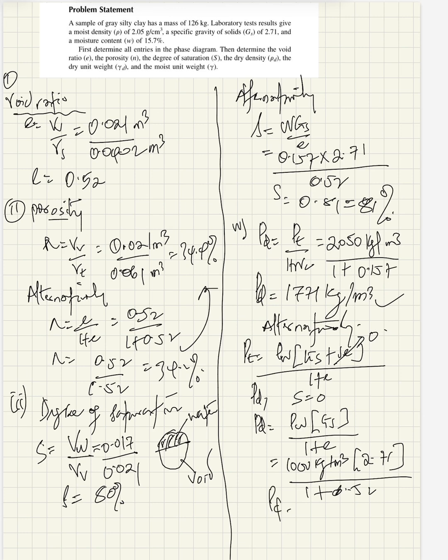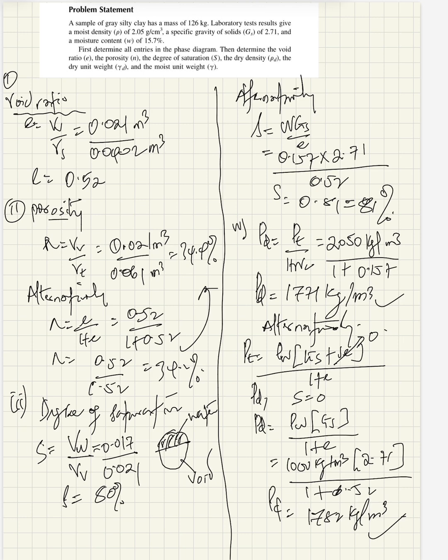So dry density equals 1000 times 2.71 divided by 1.52. So we have about 1782 kilogram per meter cube. So they are almost the same. So that's an alternative way to obtain the dry density.